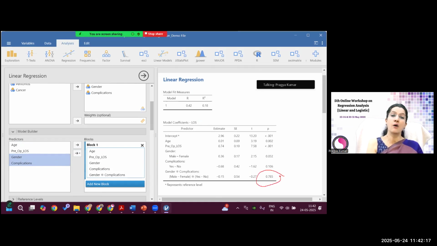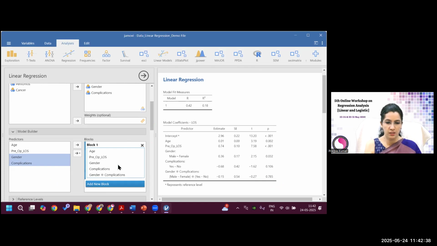So now how to decide what variable you should enter? That again depends on your theoretical background and your prior literature. And here also, if you are finding something unusual, you can enter at least two variables as an interaction.